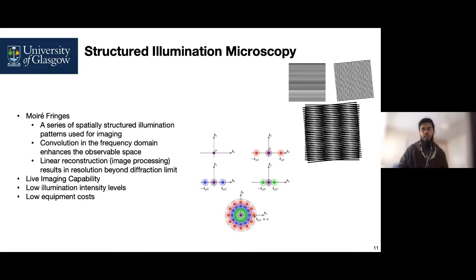So this is the principle of structured illumination microscopy, where we illuminate the sample not with uniform light, but with structured light, and then that structure is reconstructed in post-processing, where an enhanced image is obtained.